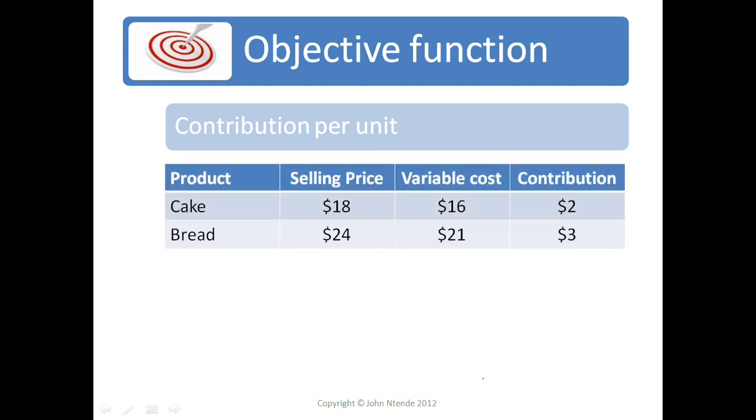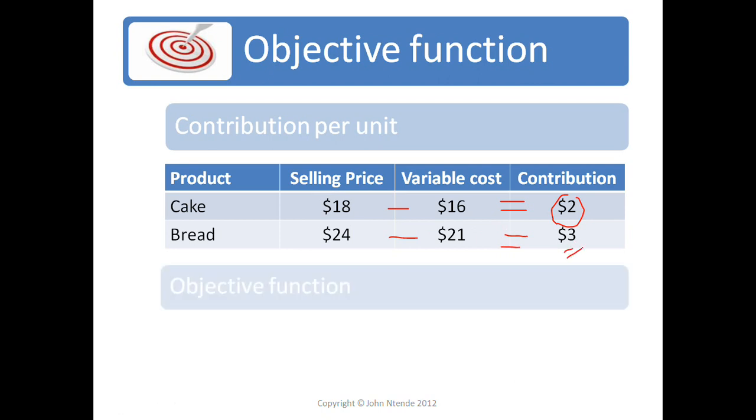So we have two products, cake with a selling price of 18. So 18 less 16 equals 2. So the contribution per unit for the cake is $2. Now for bread, it's 24 less 21, which gives us 3.